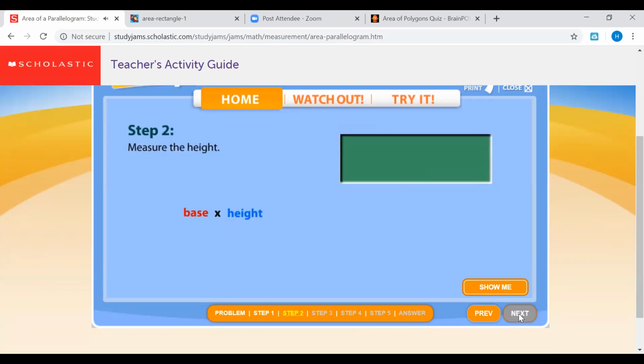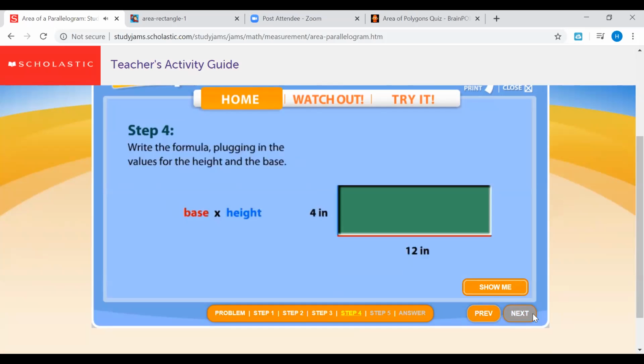Area is measured in square units, like inches, centimeters, and feet. First, find the height. The height of this rectangle measures 4 inches. Next, measure the length of the base. The base of this rectangle measures 12 inches. Next, write the formula, plugging in the values for the height and the base.